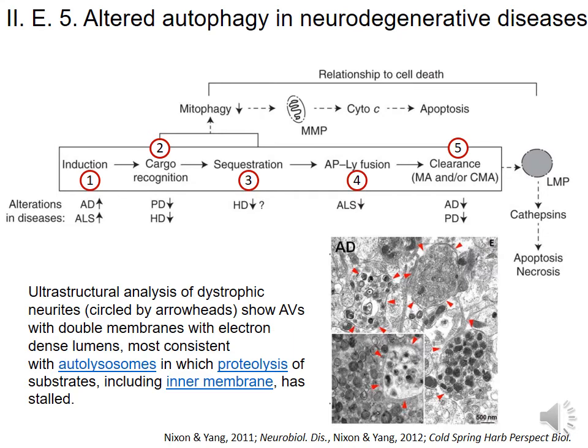For instance, in Alzheimer's, there is an exacerbation of the induction of phagophores, but they do not really continue in the nucleation and formation, and then clearance is significantly impaired. On the other side, for instance, in Huntington's and Parkinson's disease, cargo recognition is significantly affected, and so is the sequestration of cargo in HD.